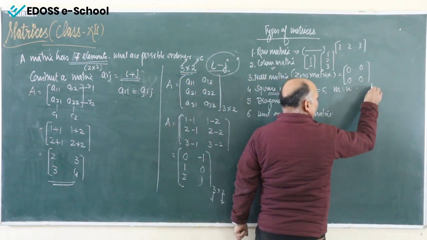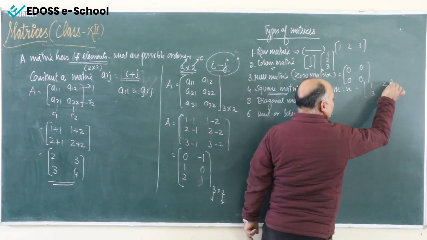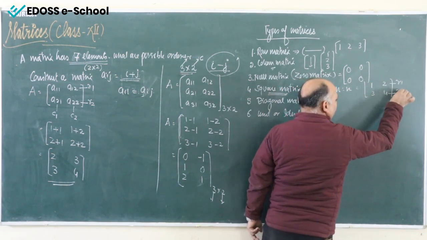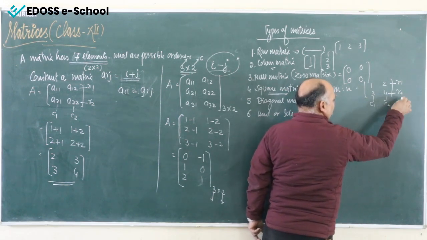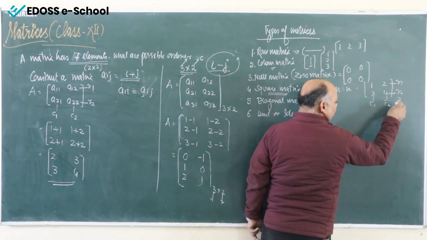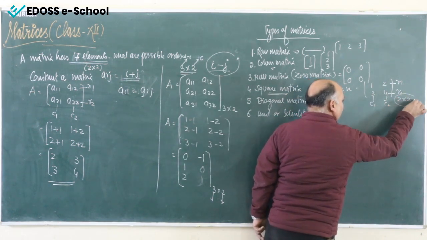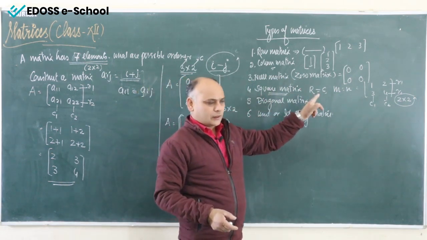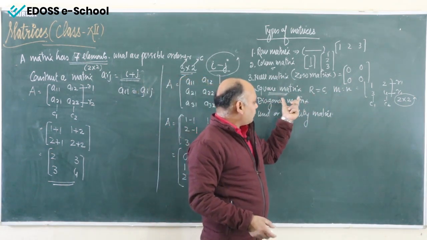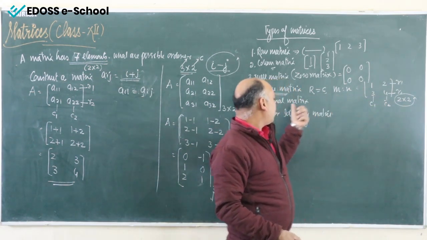If I am saying 1, 2, 3 and 4, here this is R1, this is R2, this is C1 and this is C2. The total number of rows will be equal to 2 and total number of columns will be equal to 2. Then 2 cross 2 is the order of the square matrix. A square matrix has the total number of rows and total number of columns equal.